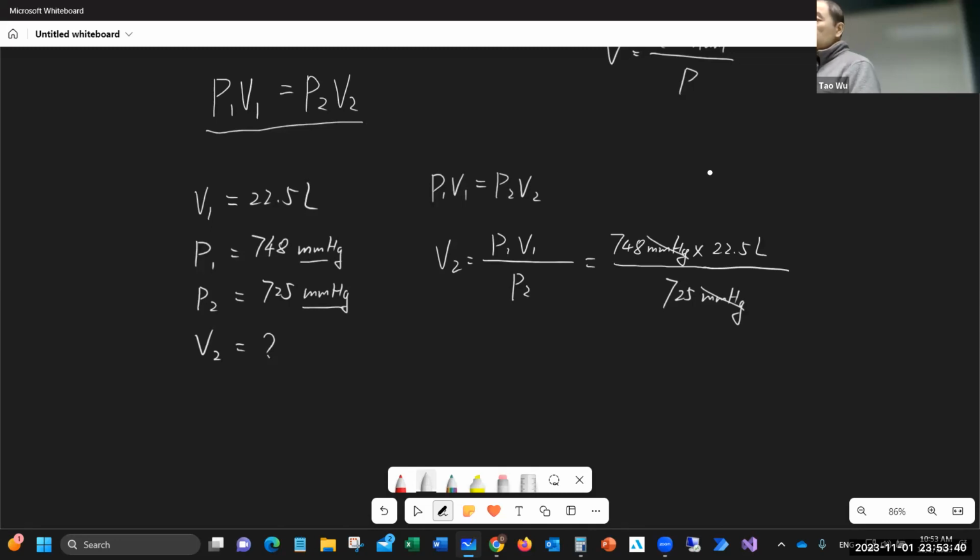Okay. So you use 748 times 22.5 and divide by 725. The answer should be 23.2, and this is in liter. Since this gives you the unit liter, then you should have the liter over there. That makes sense, right?